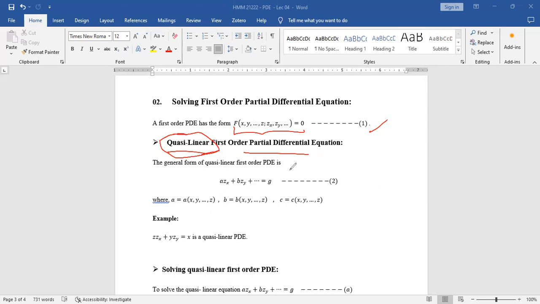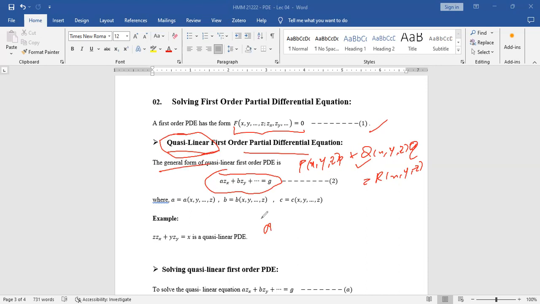So the general form of the quasi-linear first order differential equation, that's what I said to you, like P of x, y, z, small p plus Q of x, y, z, small q is equal to R of x, y, z, isn't it? So that's what we have seen in our classification. Here they have made it a little bit easier, that it is the general form of the quasi-linear they have taken in this way.